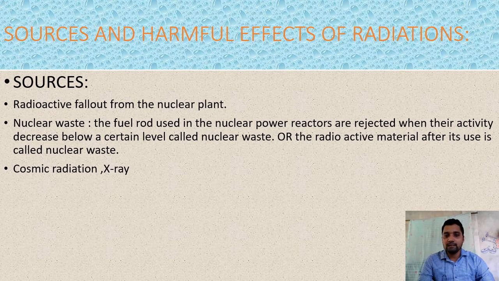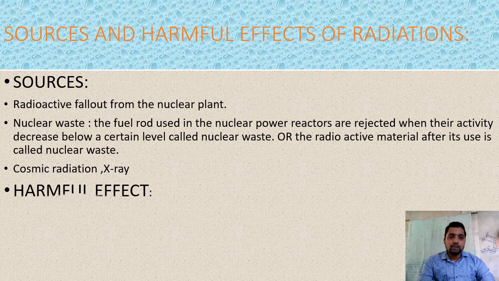Next one, cosmic rays or X-rays. When the body is exposed more to X-rays or the rays coming from heavenly bodies, cosmic rays, it can also give different harmful effects to our body. So what are the harmful effects? When our body is exposed to these sources, what will happen to us?